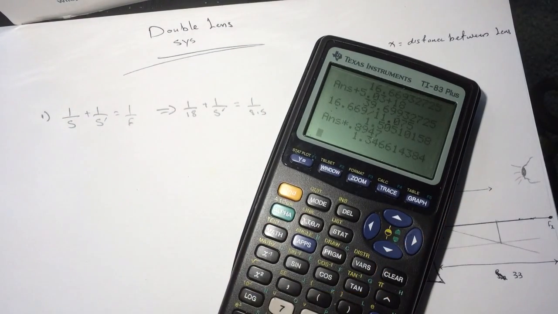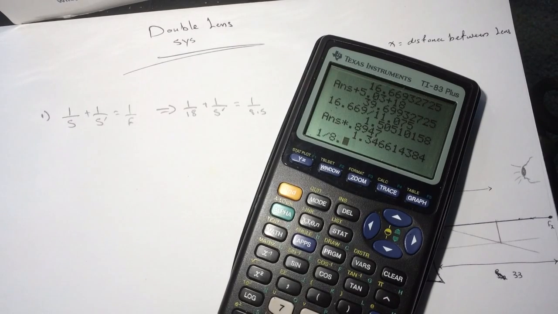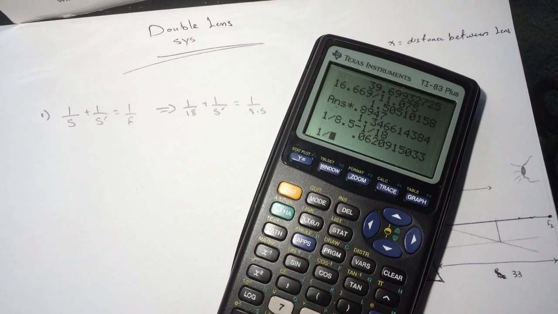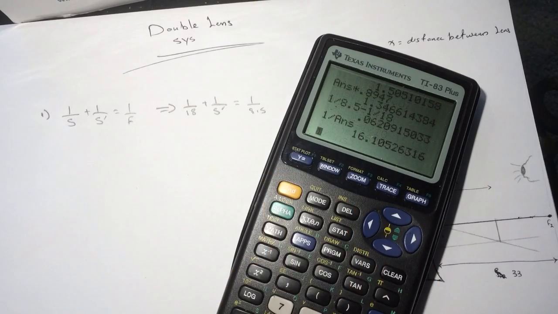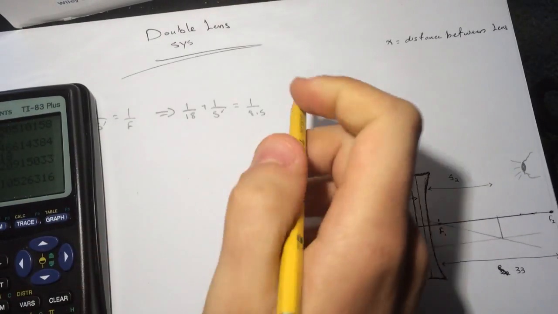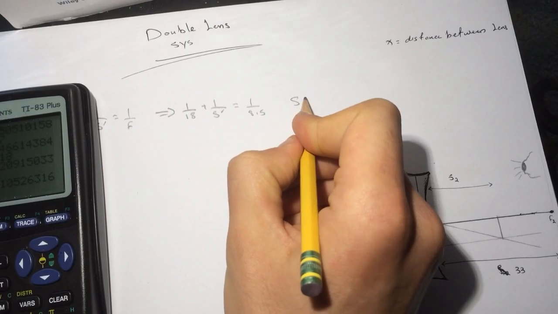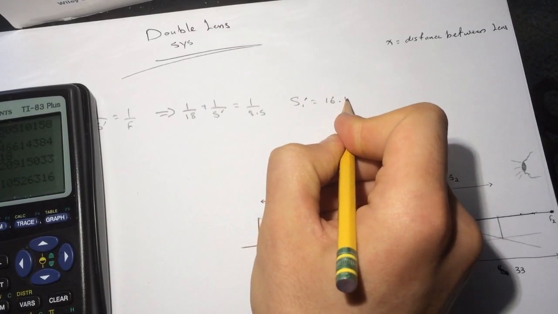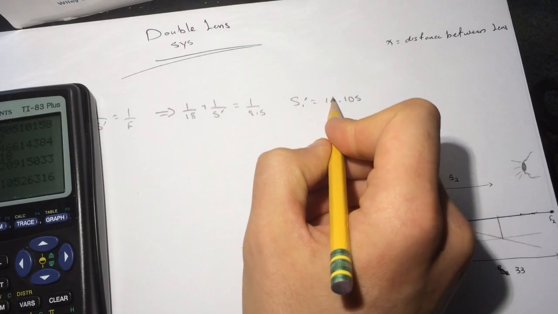Plug in the calculator: 1 divided by 8.5 minus 1 divided by 18, and then 1 divided by that. You get 16.105. So s prime 1 will be equal to 16.105.